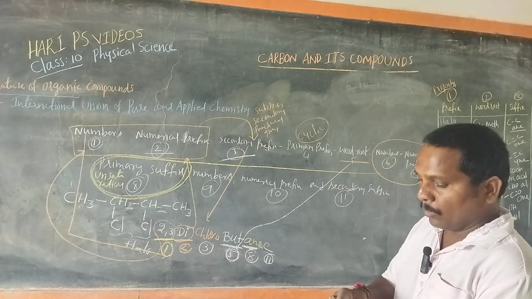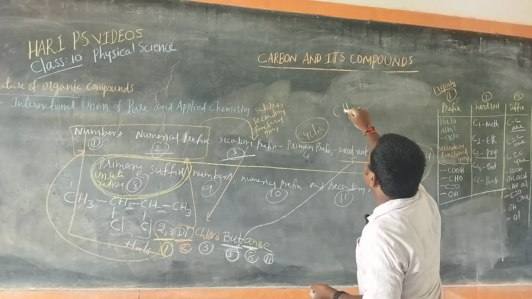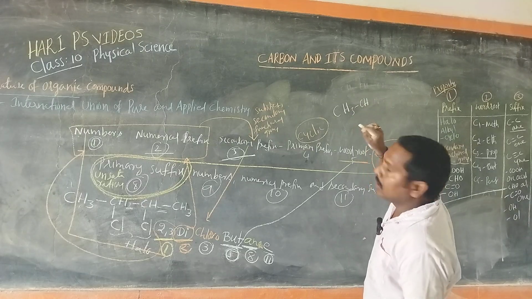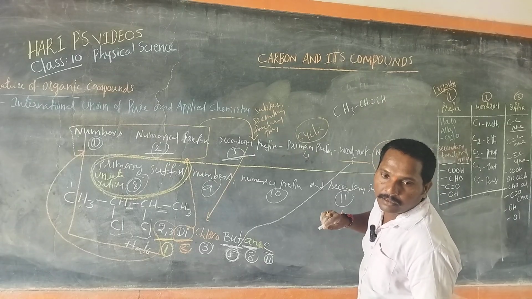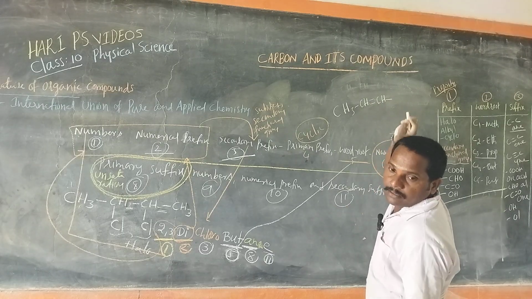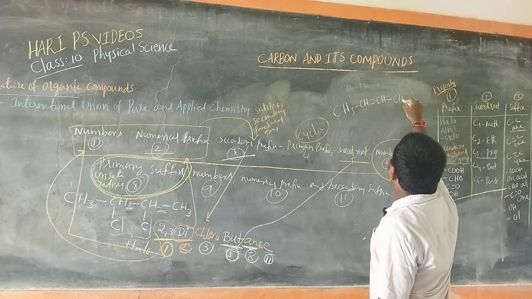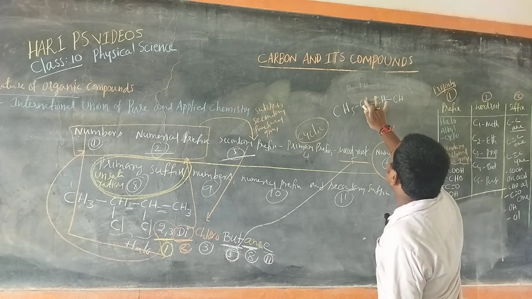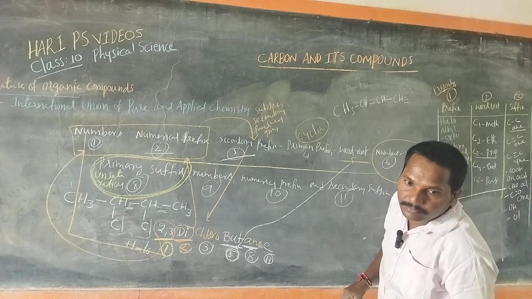For example, take CH3 CH double bond CH, triple bond CH.